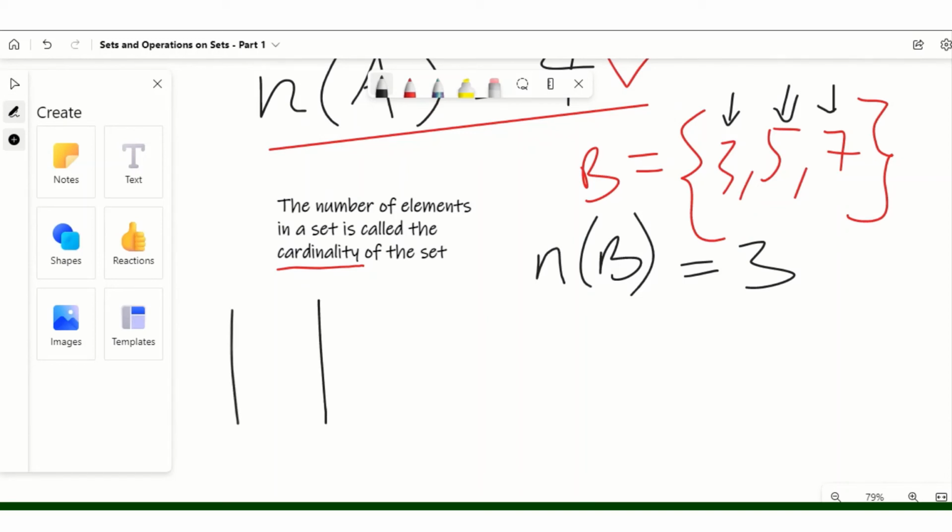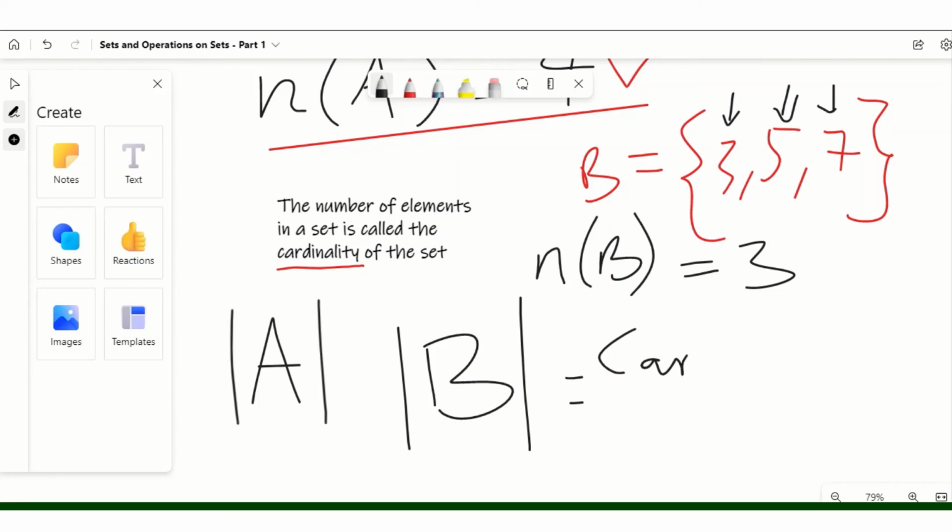You have the set in between the two lines. When you see a set written like this, it means cardinality. So B like this means the cardinality of B.